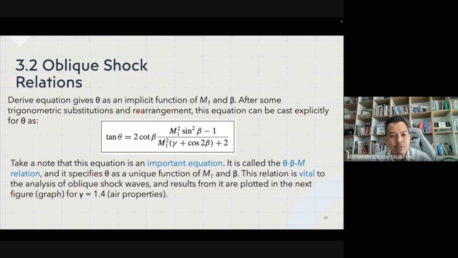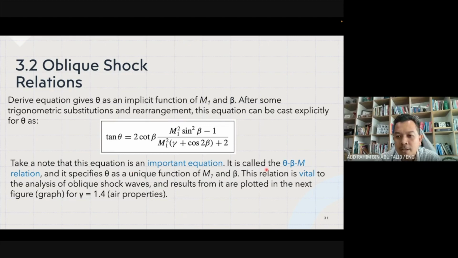This equation can be cast explicitly for theta, where you can find tangent theta equal to this particular expression. Take note that this is an important equation.